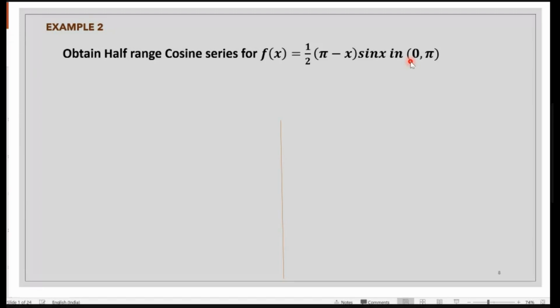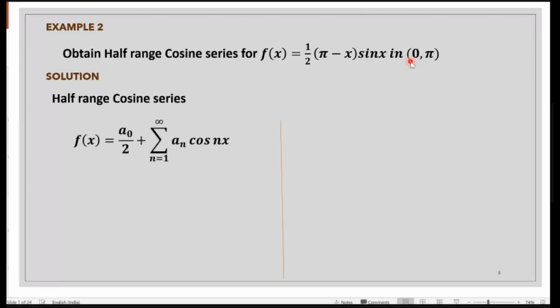Now again cosine series मतलब हमको a0 और an निकालना है. bn will be equal to 0. fx is equal to 1/2. There is no L here, or L is equal to pi, we can say maybe. I think A0, which is 2 by pi integral 0 to pi fx dx.